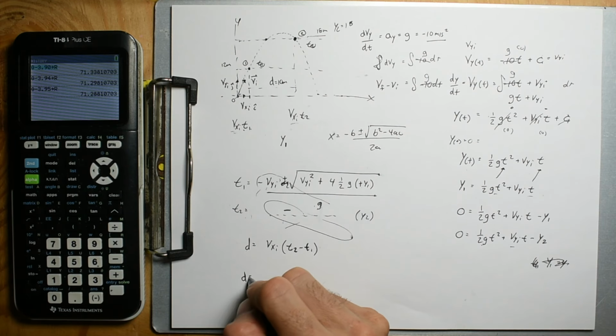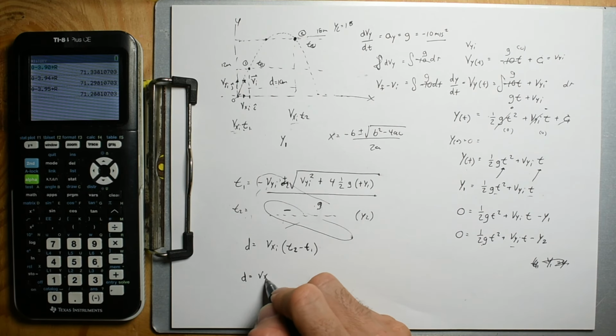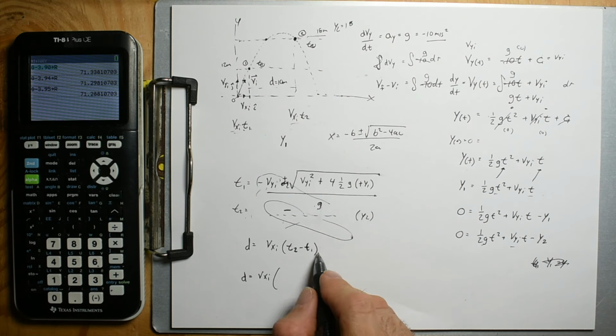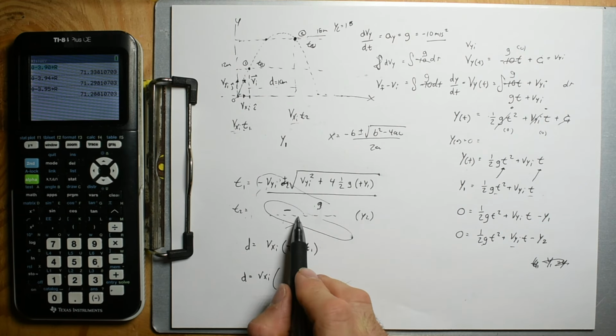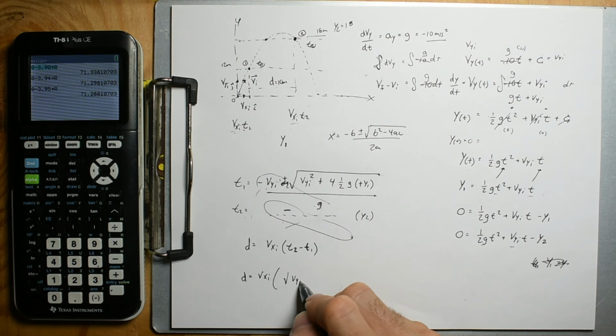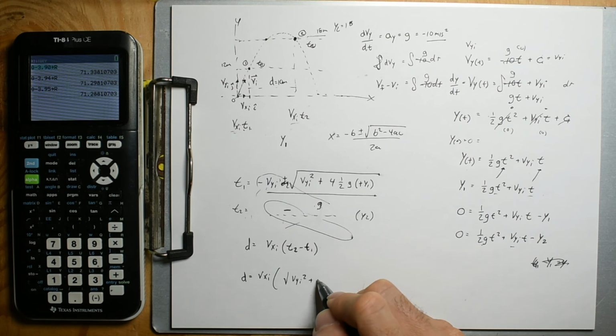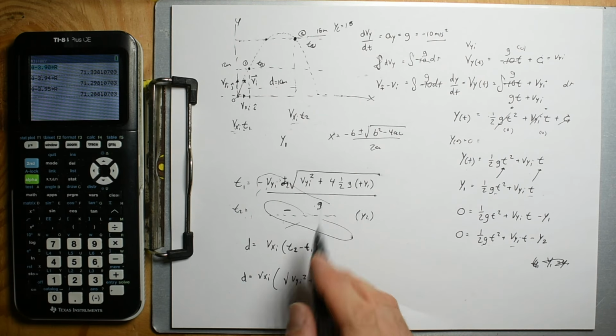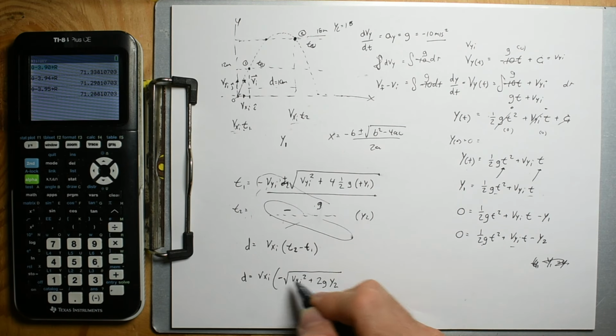All right, so this equation d is going to be Vx initial times T2 minus T1, which is the square root of Vyi squared plus 2g y2, and we said that was going to be the negative root. So I'm going to have a negative here.